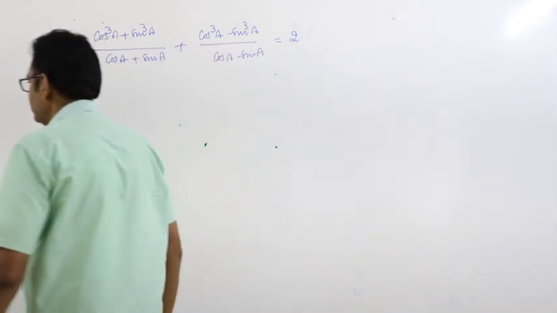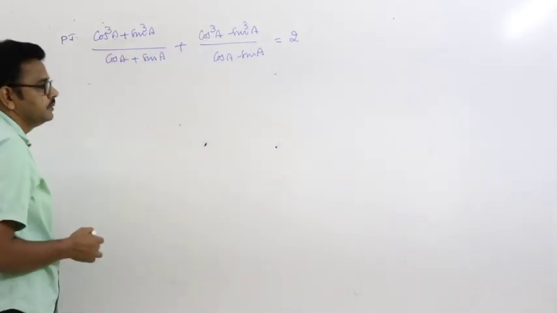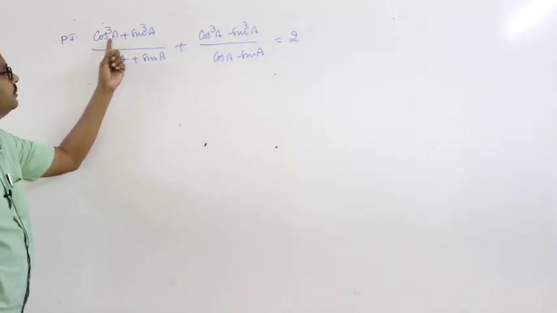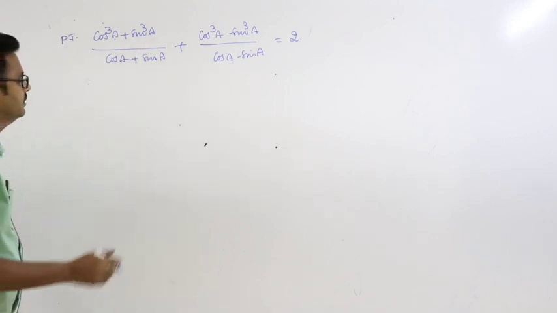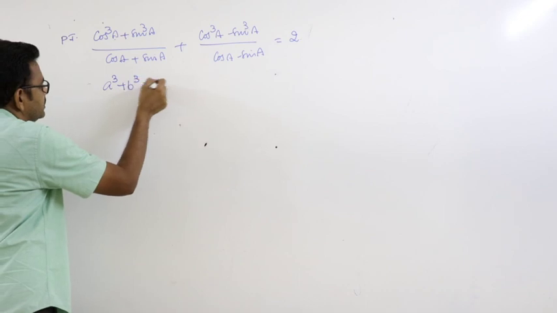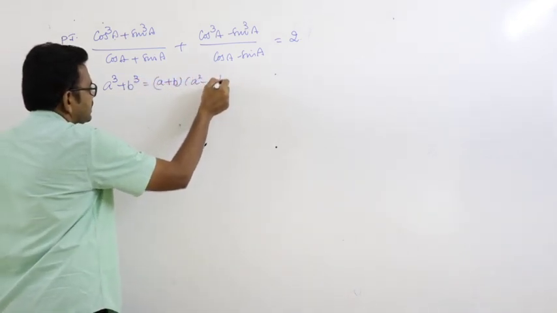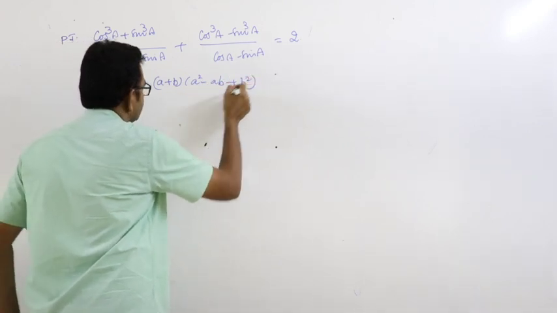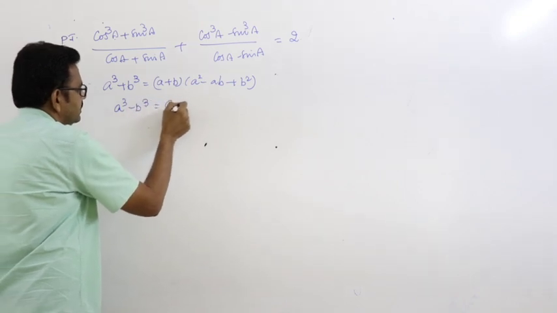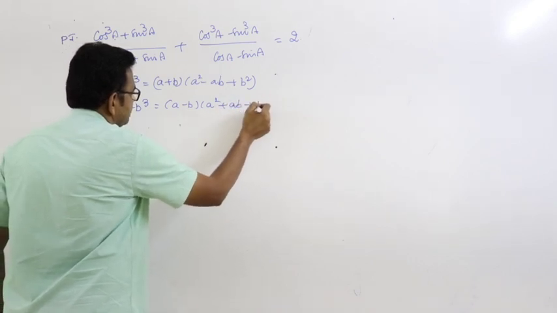If you know A cube plus B cube, this is related to cos cube A plus sin cube A. So, you are using the formula A cube plus B cube is equal to A plus B into A square minus AB plus B square, and A cube minus B cube is equal to A minus B into A square plus AB plus B square.